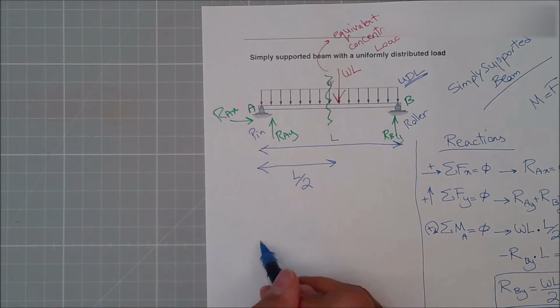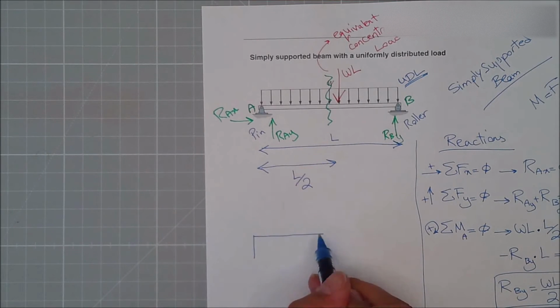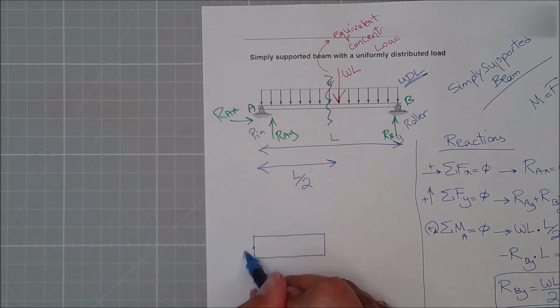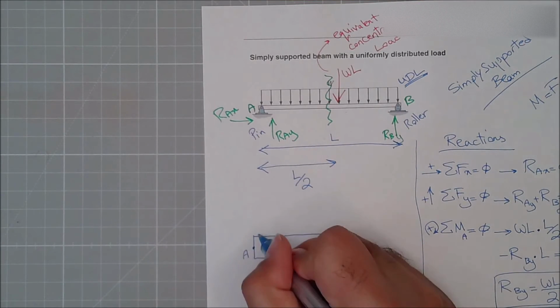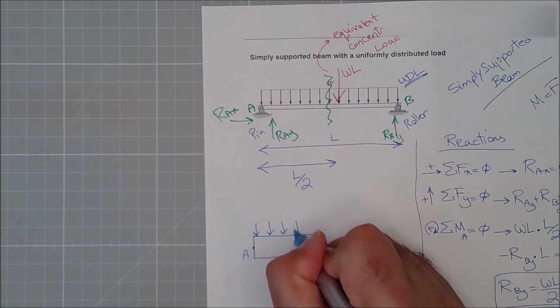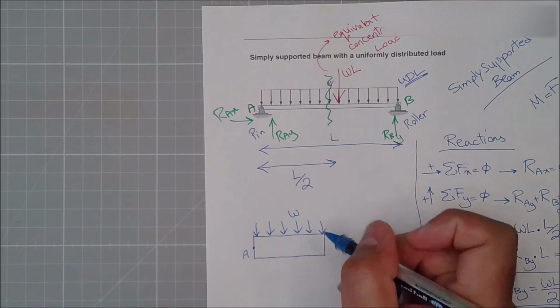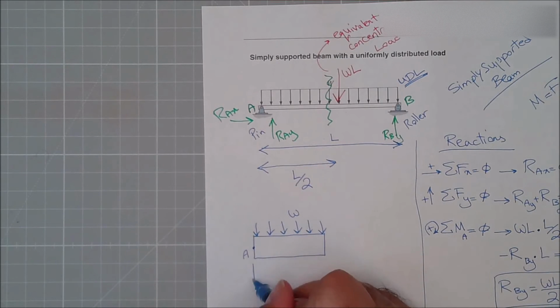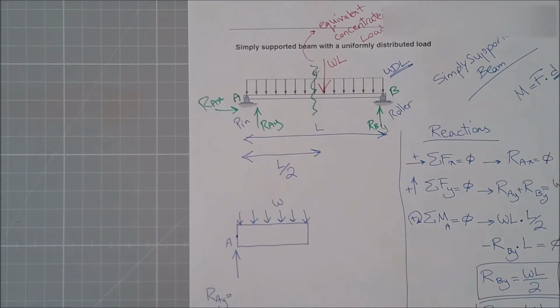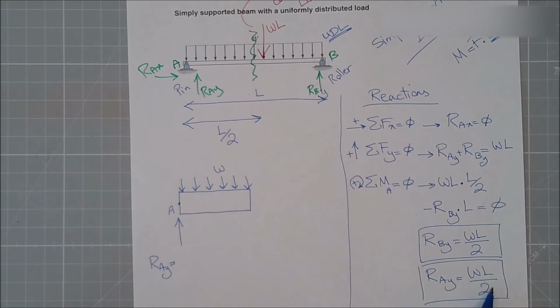it will be something similar to this. I have an A, which will be this point A. I have a distributed load on top of it, which will be W. I have a reaction over here, which is RAY, and I just calculated it. RAY is WL divided by 2.